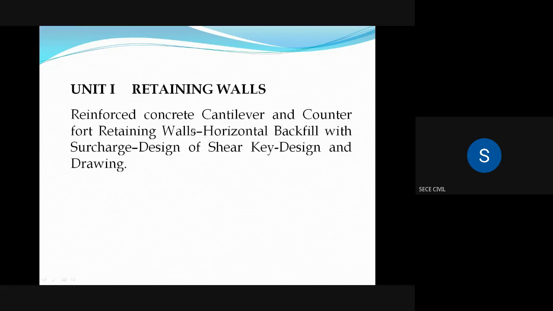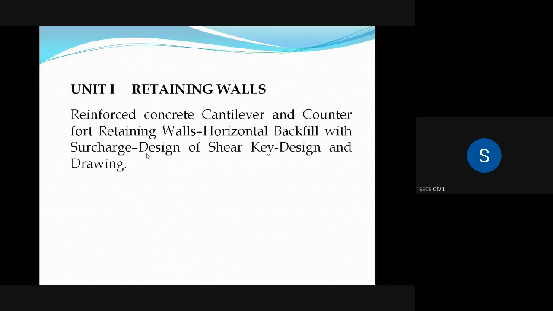We have to design and draw the reinforcement diagram, with horizontal backfill with surcharge, and we have to design the shear key also in the cantilever retaining wall. Shear key is a component in a retaining wall. So this point will come in unit one.